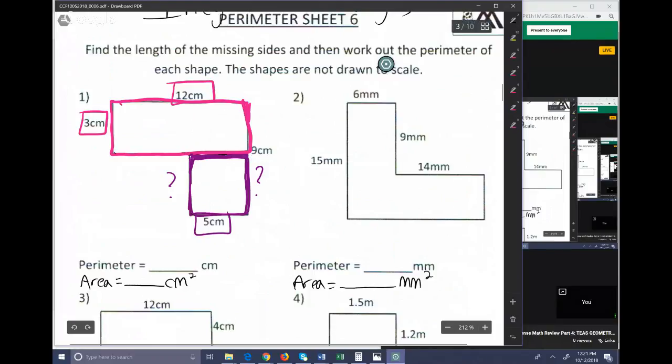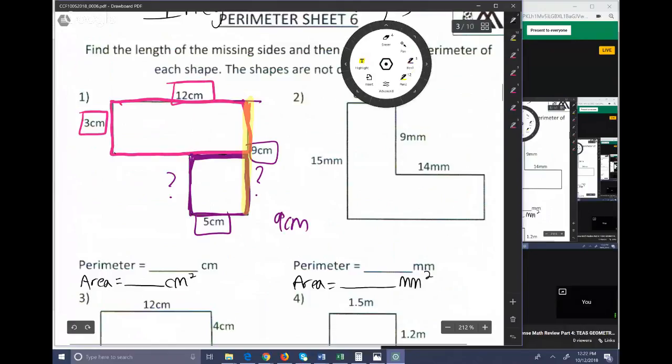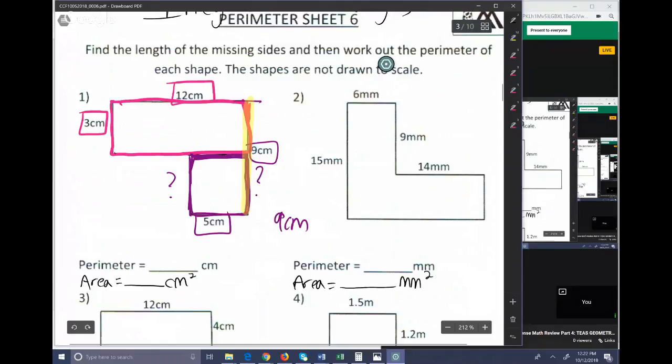What we need to do is take this 9 centimeters over here. So we know that this entire side, which I'll draw in yellow, we know that this entire side is 9 centimeters. We also know that this is 3 of those 9, and all that makes up the 9 centimeters is the length from there to there and the length from there to there.